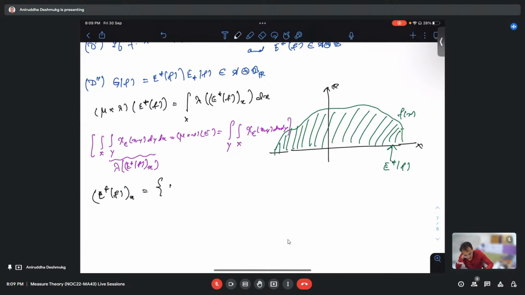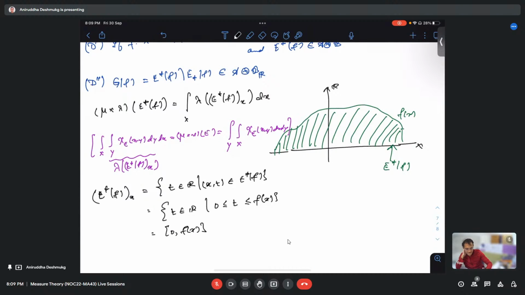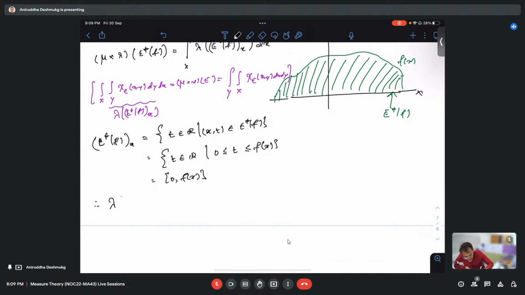This x section will be in R. Look at all those t such that (x, t) is inside E star f. The definition of being inside E star f means that 0 is less than or equal to t is less than or equal to f of x. But this is the interval [0, f(x)]. Therefore, the Lebesgue measure of E star f x is equal to f(x).